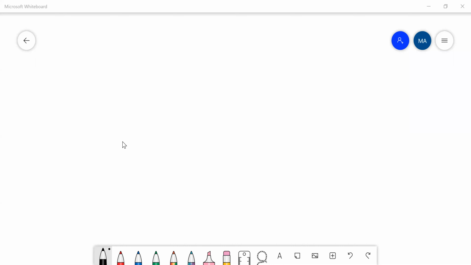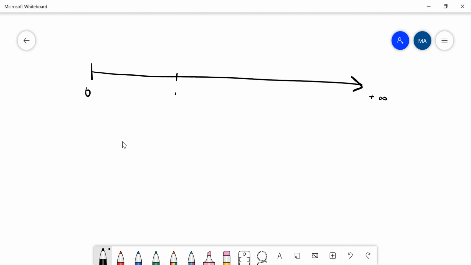So the idea is this. This is the real line. Let's say we start at 0, and that goes to positive infinity. Suppose that mt is here.